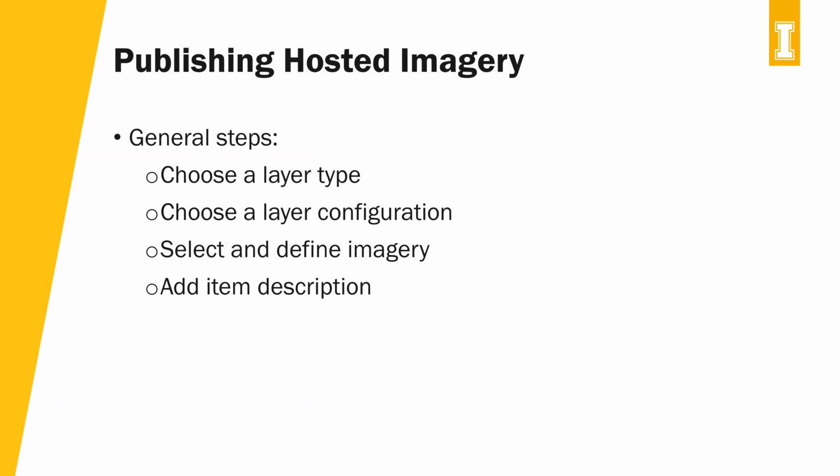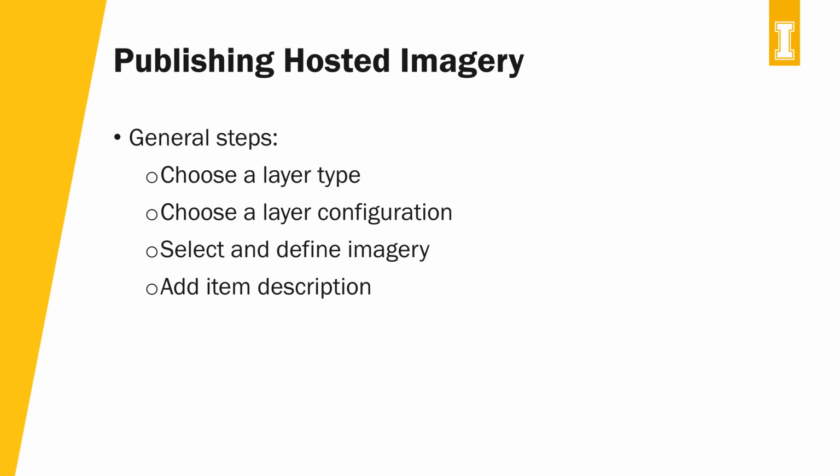So in general, first you'd have a set of data, either a single raster, a TIFF image, could be a DEM or a natural color image, something of that nature. You choose a layer type, which we'll talk about. You have two choices in that option.